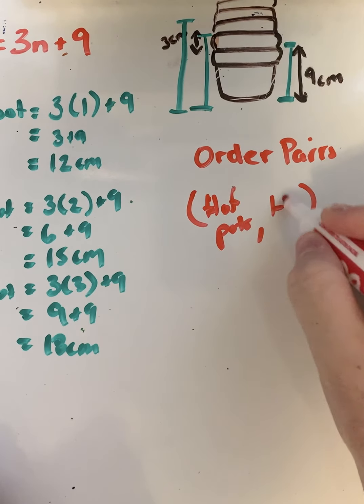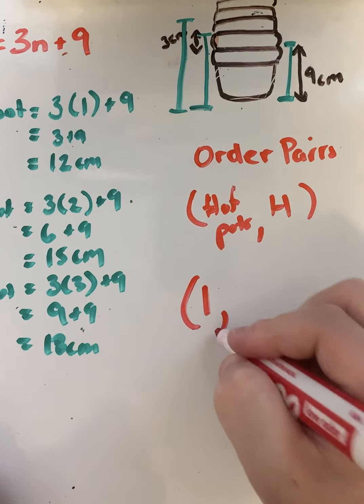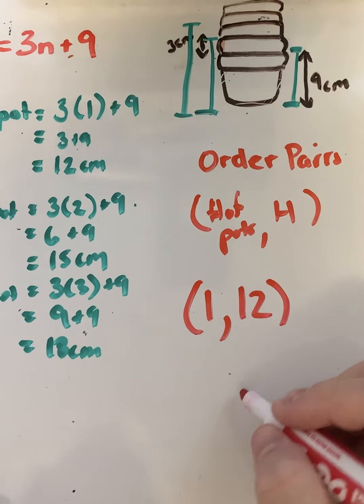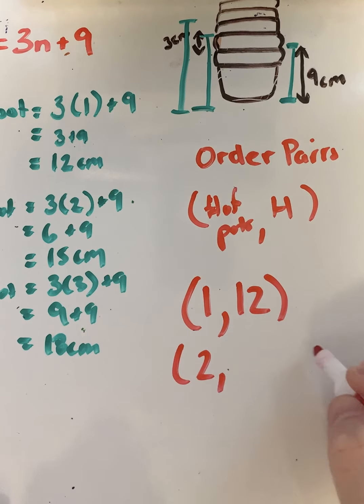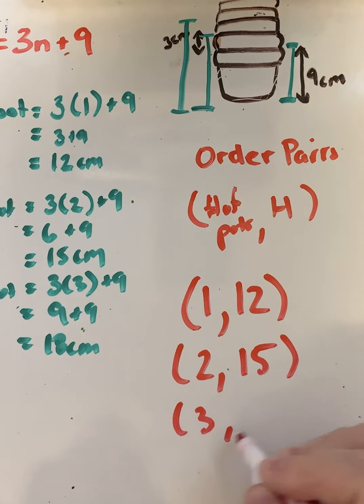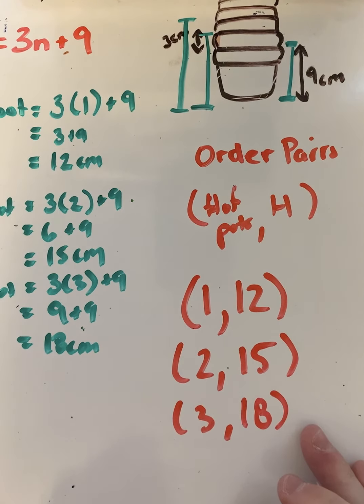The second number is going to be the height. So when there's one pot, what was the height? 12 centimeters. So it's going to be 1 and 12. When there's 2 pots, the height was 15. And when there was 3 pots, the height was 18. These are now our ordered pairs that we're going to add to our graph.